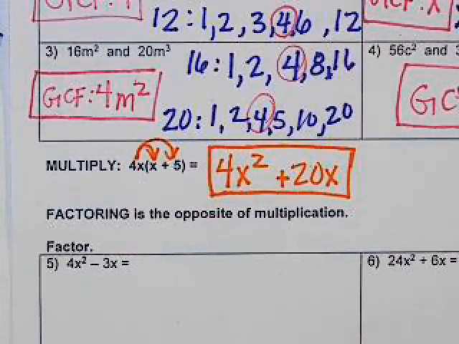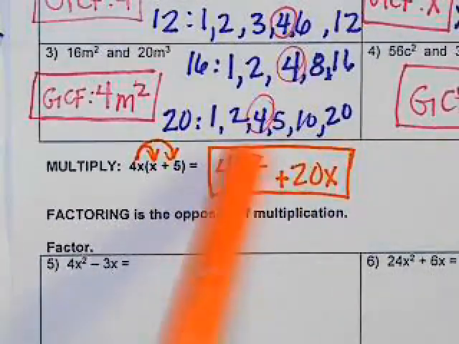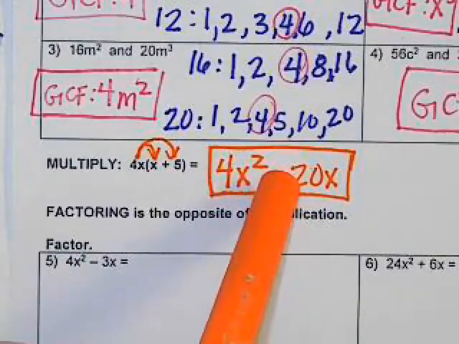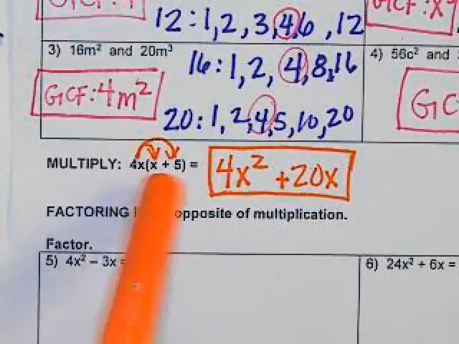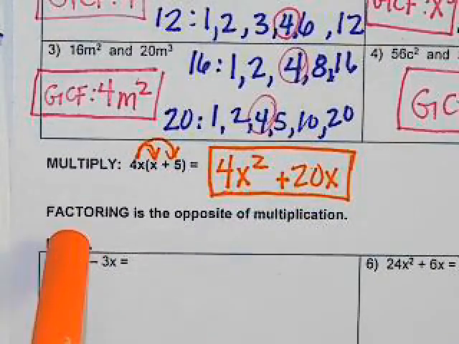We talked about this all last week, right? Remember how I said we're going to go backwards from here on out? So now, this has been your answer. This is what you've been trying to come up with. Today, I'm going to give you the answer, and I want you to be able to work backwards and find this. So look what it says right here.